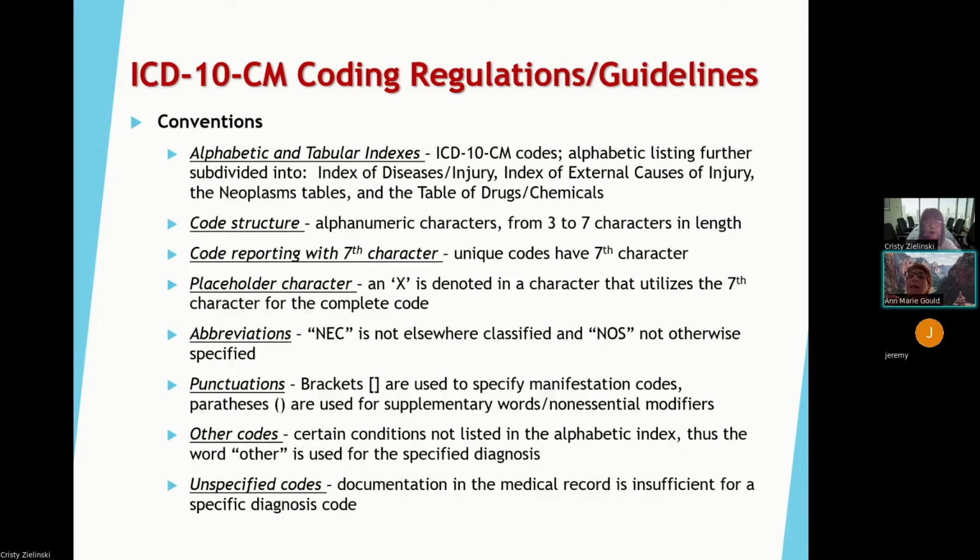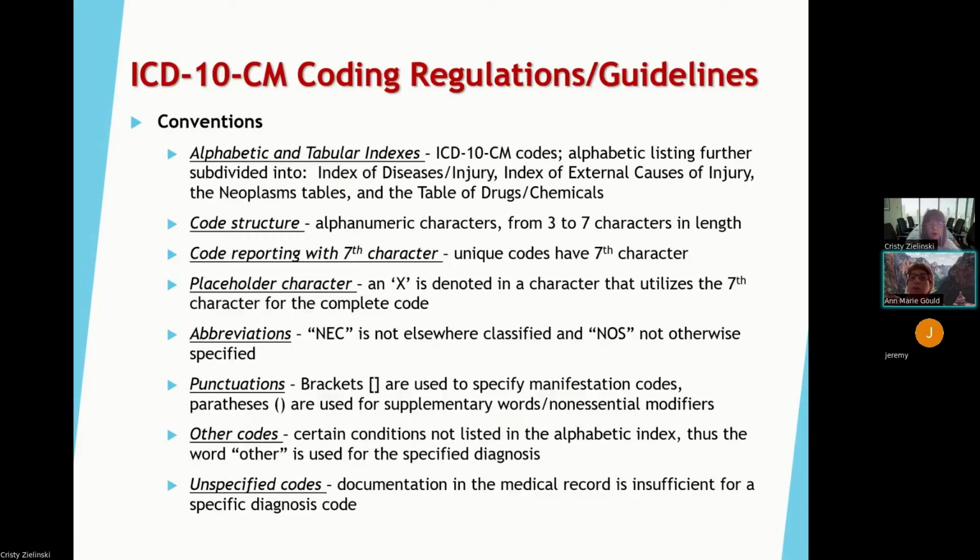Abbreviations: NEC is not elsewhere classified, and NOS is not otherwise specified. We always see the NEC and the NOS codes when we're doing our clinical validation, our clinical reviews for the records. Now, punctuation: brackets are used to specify manifestation codes, and parentheses are used for supplemental words or non-essential modifiers.